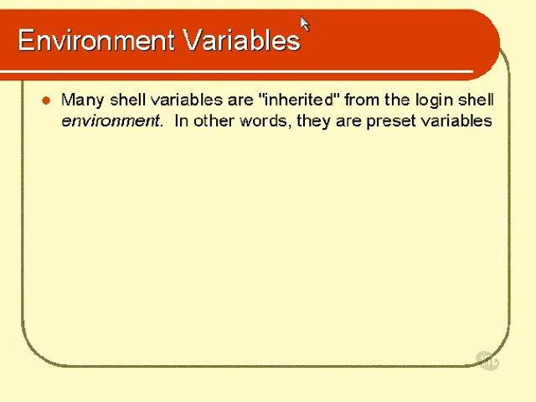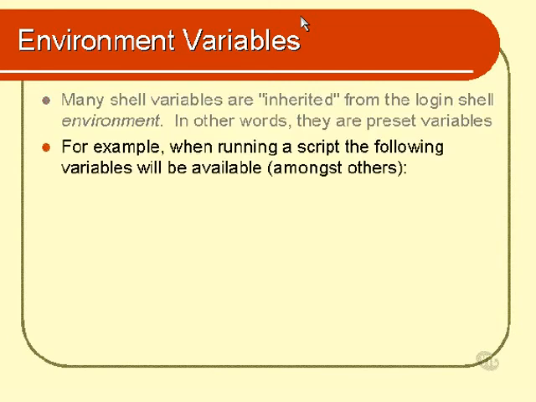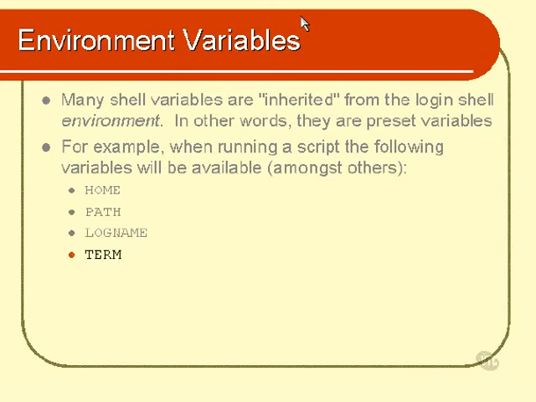I'll show you some examples of those variables. They include the variable called HOME in capitals. These are all case sensitive, so the fact that they're capitals is significant. PATH is another one. LOGNAME and TERM, and they represent in turn your home directory, a list of directories in which to search for command names, the person who's currently logged in to this particular shell session, and the terminal type that you're currently using.